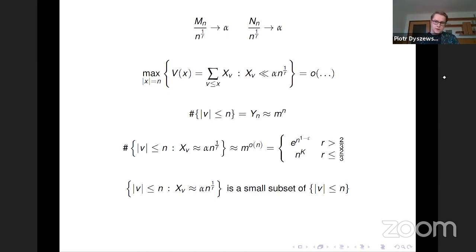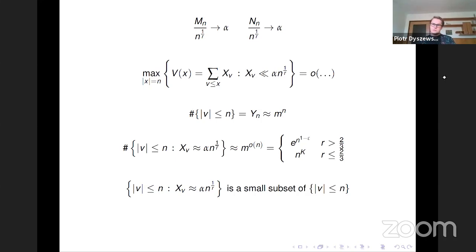So all the particles up to time n, which we see in our system, the number of those is roughly m to the n, right? And then you look at those particles that did encounter a big jump, and those will be fewer, right? And it turns out that whenever r is small, you only see a polynomial number of these big jumps. And whenever r is big, you see something which is almost exponential, but not exactly exponential.